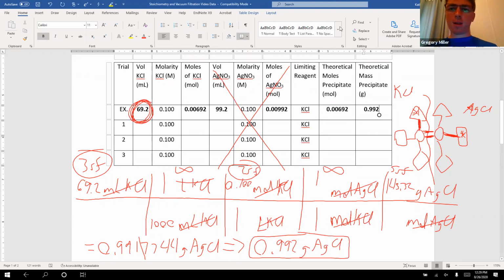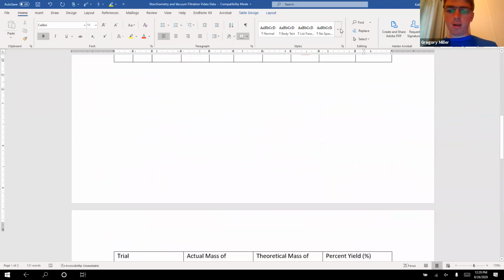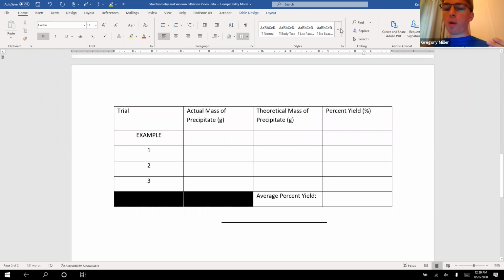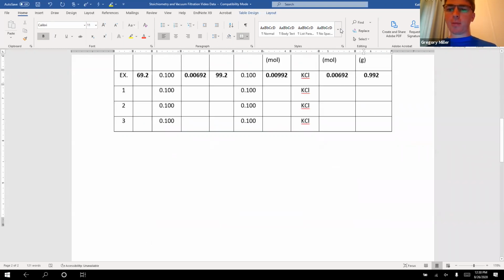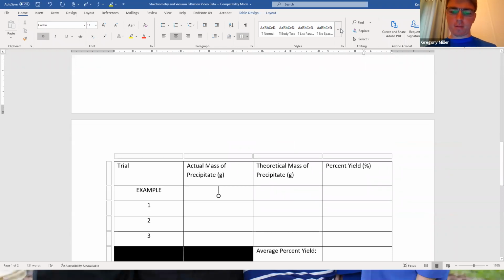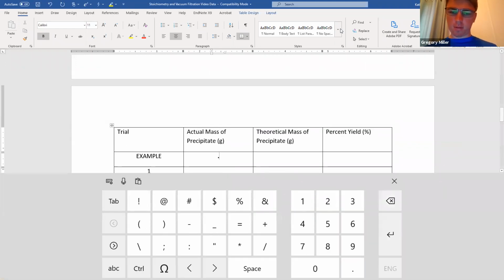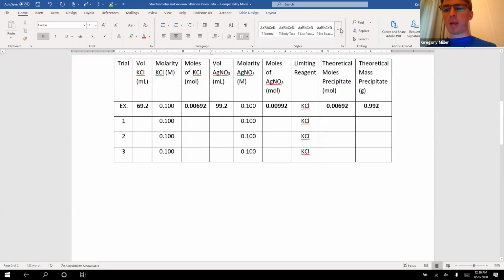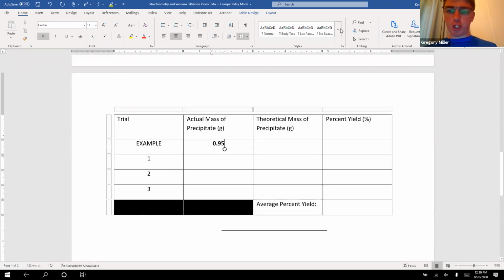So let's clear all these and scroll down. There we go. So now what we wanted out of all of this was our percent yield. So the actual mass of the precipitate is what we recovered, the 0.95. The theoretical mass of the precipitate is the mass we calculated, 0.992.